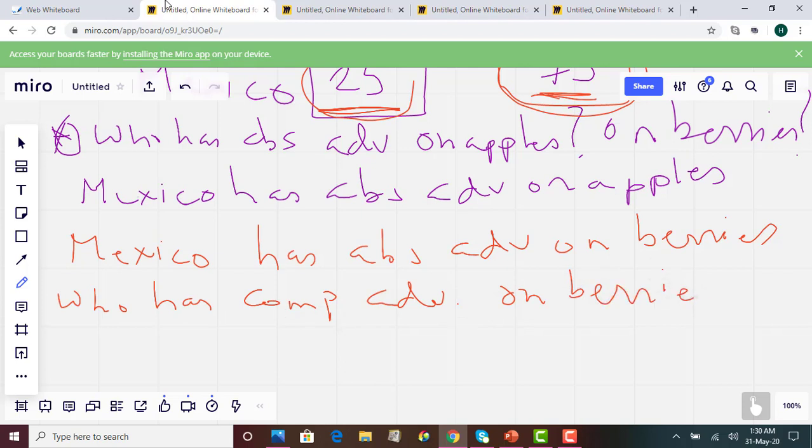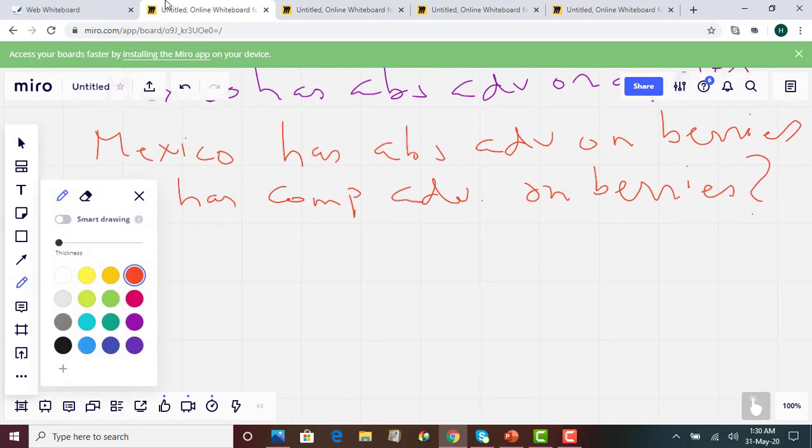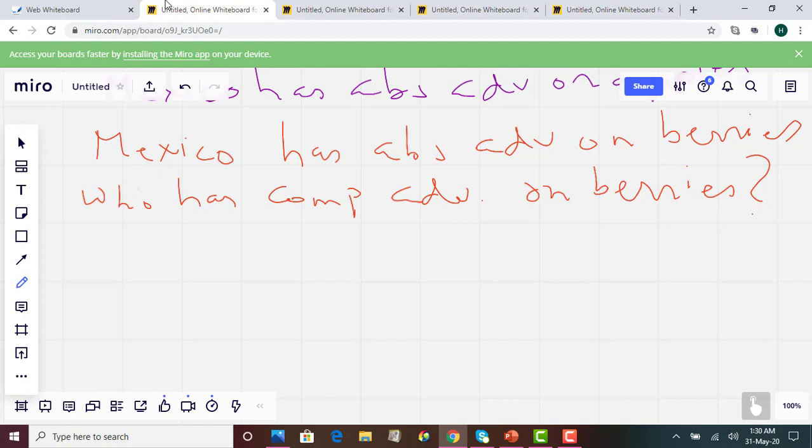What our job will be when I ask you this question is, I will calculate the opportunity cost of producing one berry in the USA, and I will calculate the opportunity cost of producing one berry in Mexico. Then I will see who has the lower opportunity cost, and the country that has the lower opportunity cost will produce berries. Okay, so in this case, based on the table, if you rewind a little bit, you will see the numbers again.